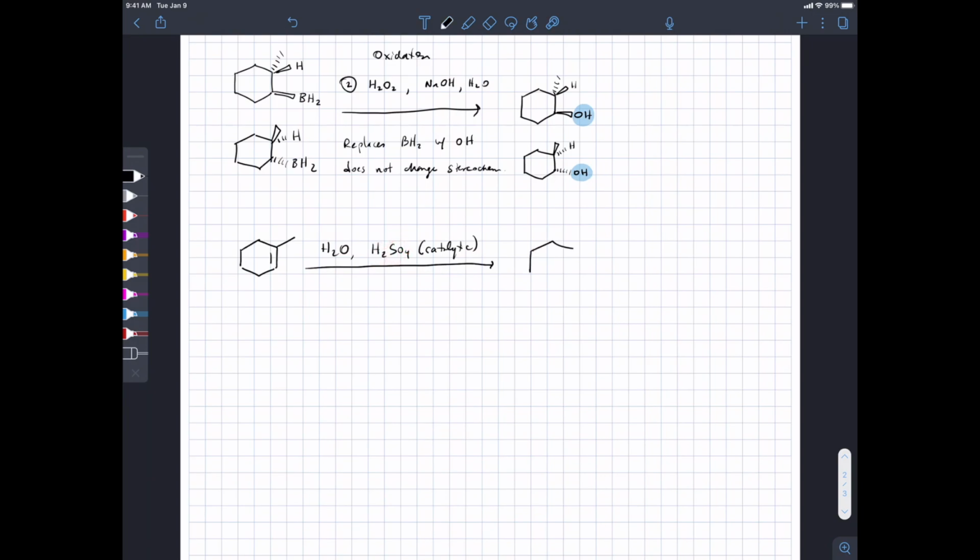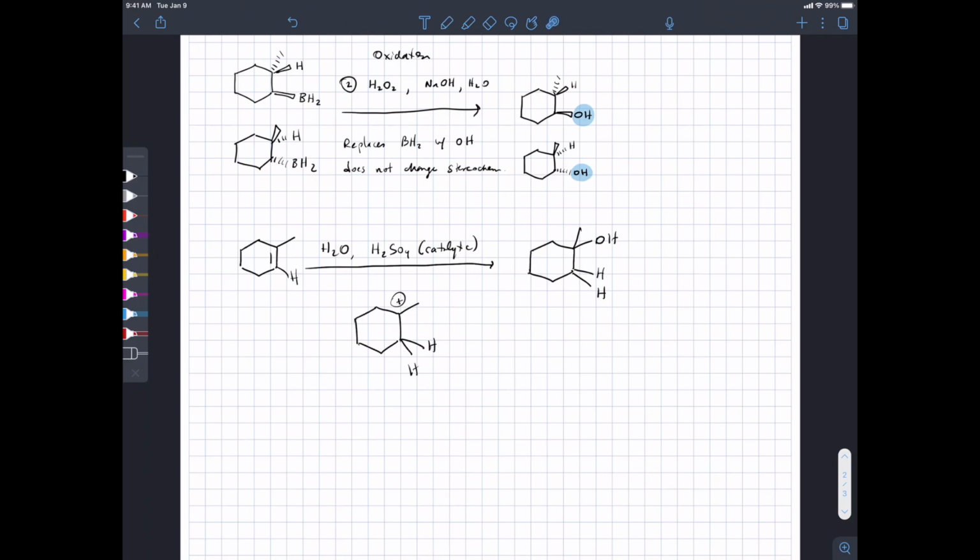But remember, the selectivity here is that the OH ends up on the more substituted carbon, the hydrogen ends up on the less substituted carbon. The reason for that is that we go through a carbocationic intermediate that looks like this.